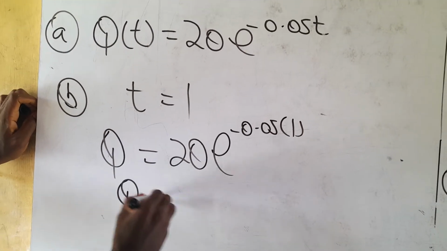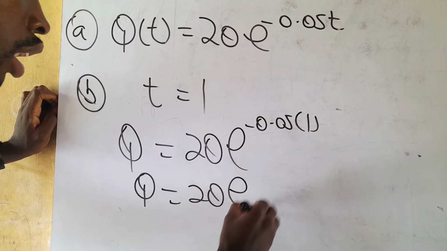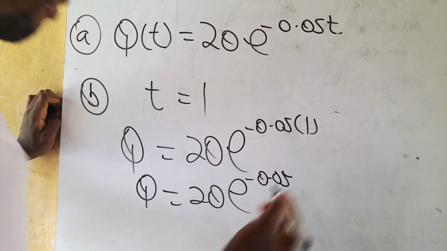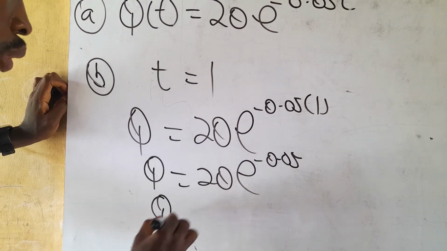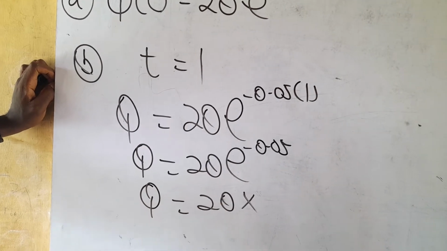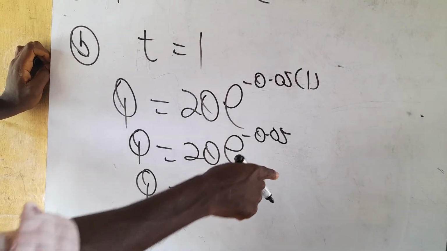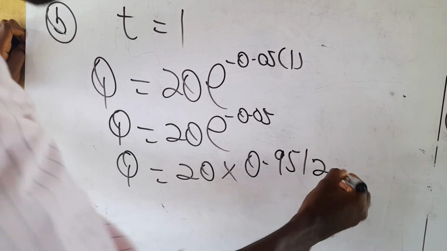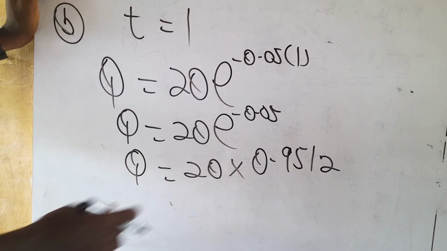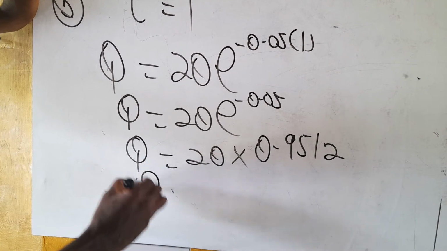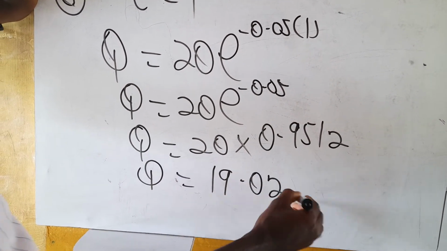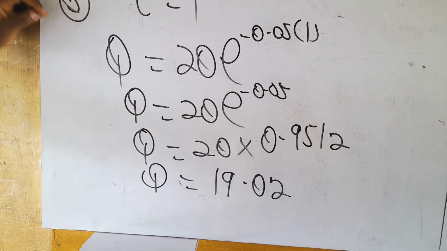So Q will be equal to 20 times e exponent negative 0.05, which is 0.9512, using your calculator. 20 times that will get 19.02, correct to 2 decimal places.